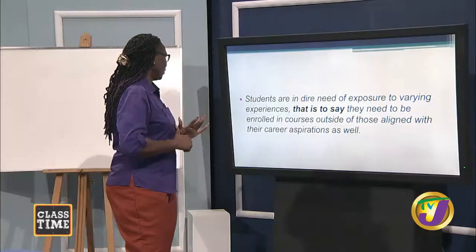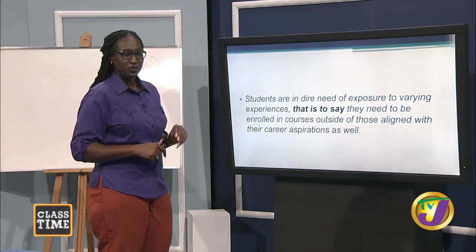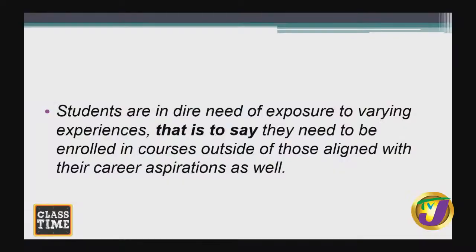All right, let's look at this one now. Students are in dire need of exposure to varying experiences. That is to say, they need to be enrolled in courses outside of those aligned with their career aspirations as well. What is "that is to say" doing in this sentence?